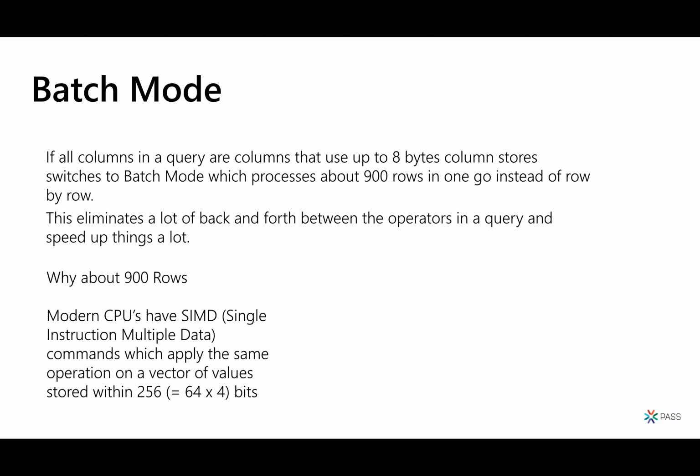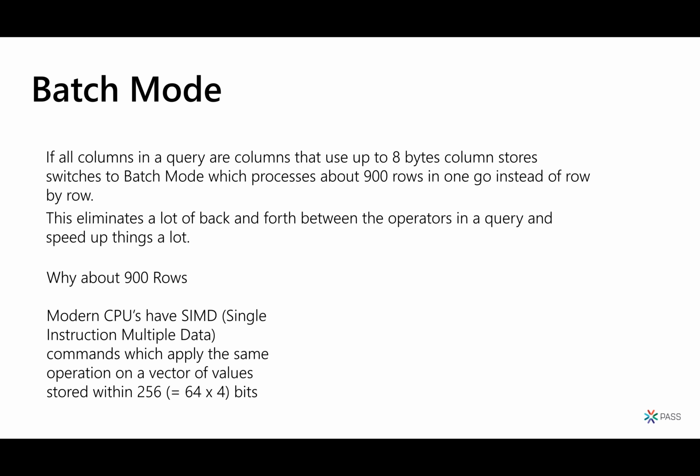Modern CPUs have something called SIMD instruction sets, single instruction multiple data operations. So how does this work? You can take 4 64-bit values and put them in 256 bits of memory, and then ask your CPU, can you basically add them up with the next 256 bits, but look at them as if they are 4 independent float values.